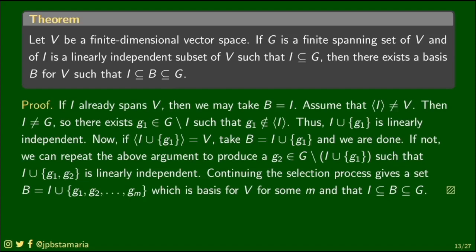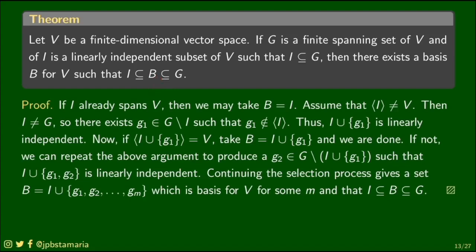Suppose V is a finite dimensional vector space, and G is a finite spanning set for V. And I is a linearly independent subset found inside G. Remember that independent sets tend to be fewer than spanning sets. Then according to the theorem, between I and G, there is a basis that falls between them.